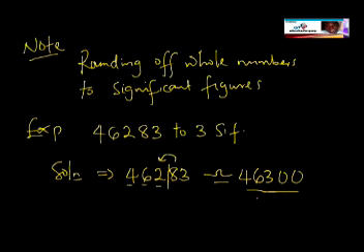So whenever you are rounding off whole numbers, always include the 0 after you have rounded off the number to your significant figures. It is only when the zeros come after a decimal point that you can forget about them, like we had in the other case. We may want to look at another example.